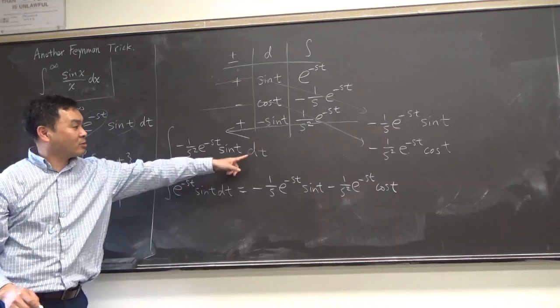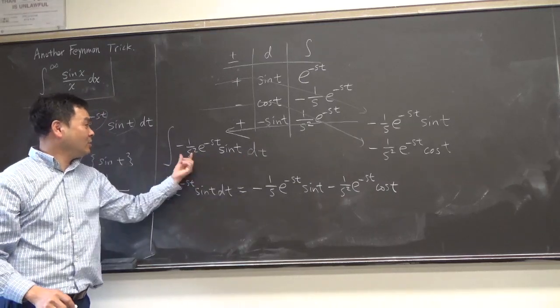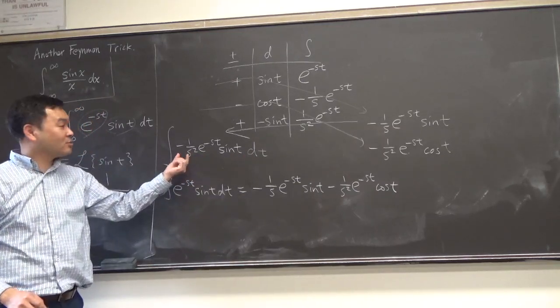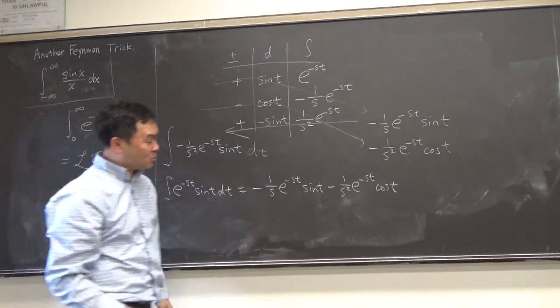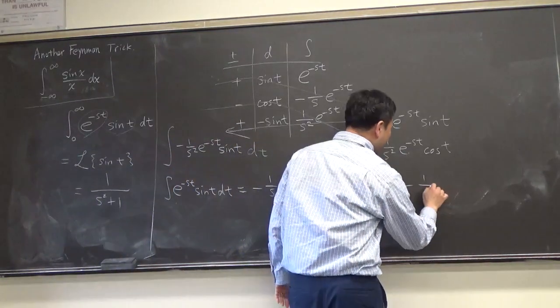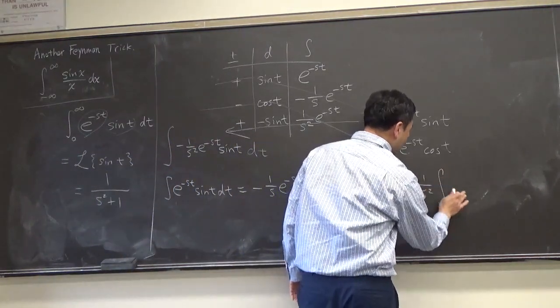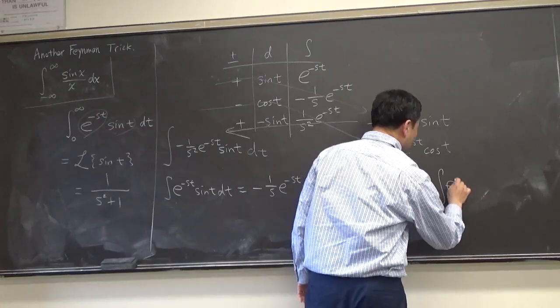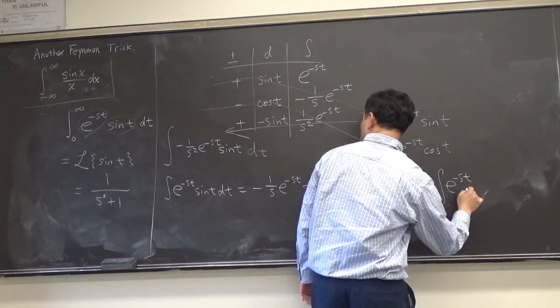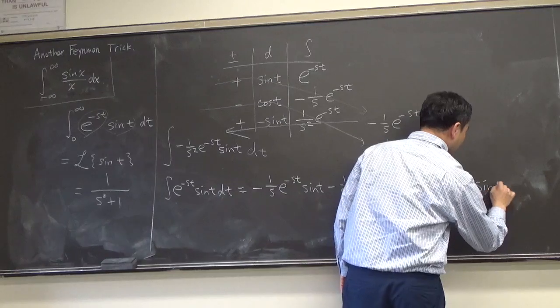That's a constant because you're integrating by t, so s is just some constant which I can bring outside, so it'll be negative 1 over s squared integral of e to the negative st sine t dt.